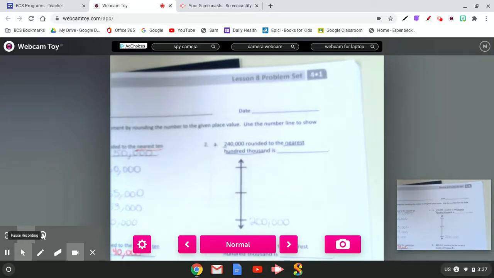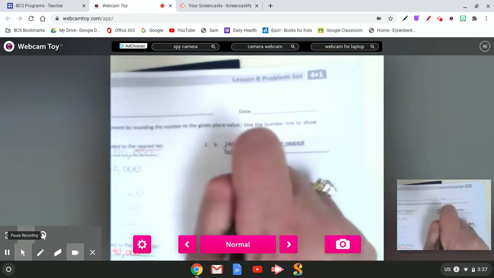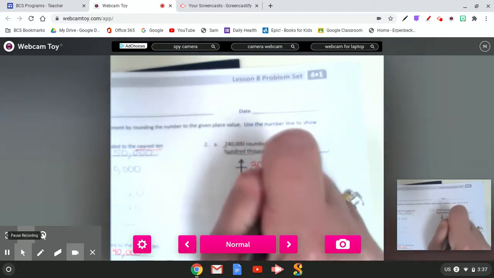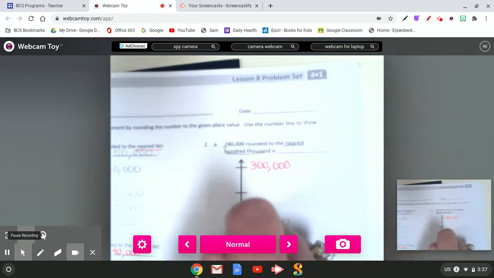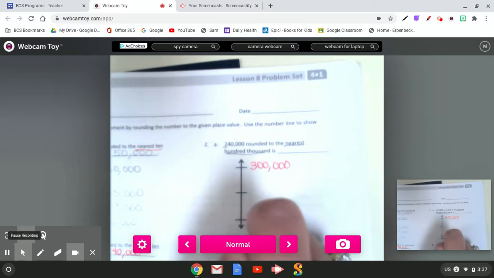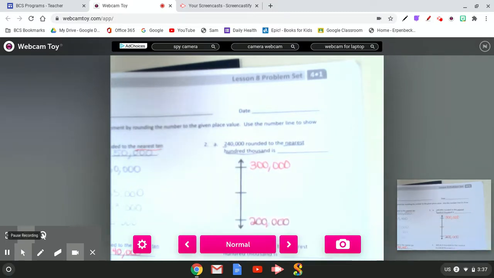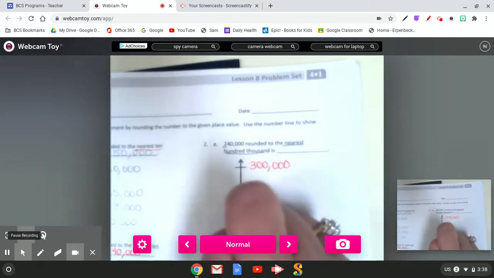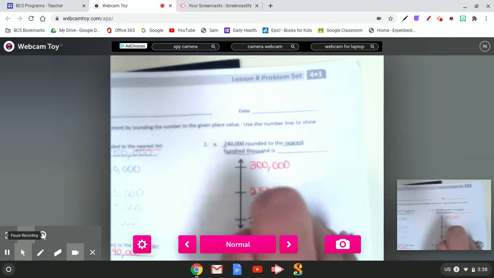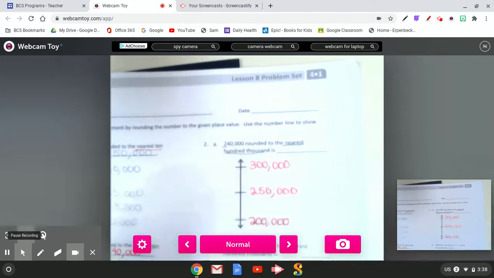The next 100,000 after 200,000 is 300,000. Notice everything to the right of the 100,000s place is a 0. That's what happens when you round to the nearest, in this case, 100,000. Of course, our midpoint is 250,000.